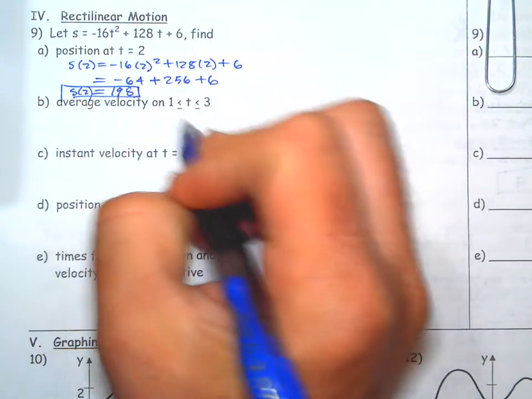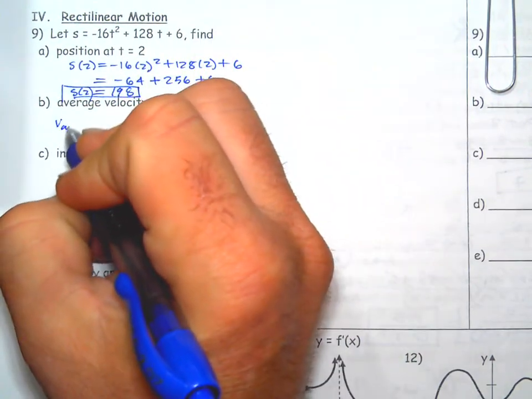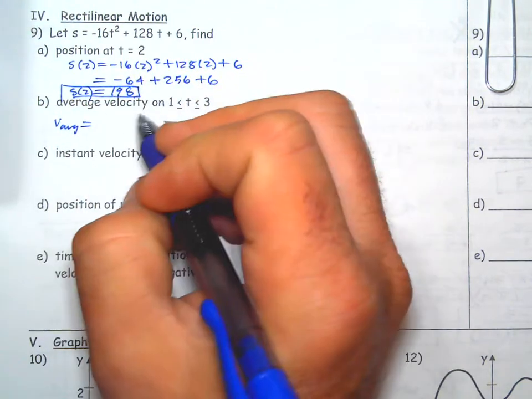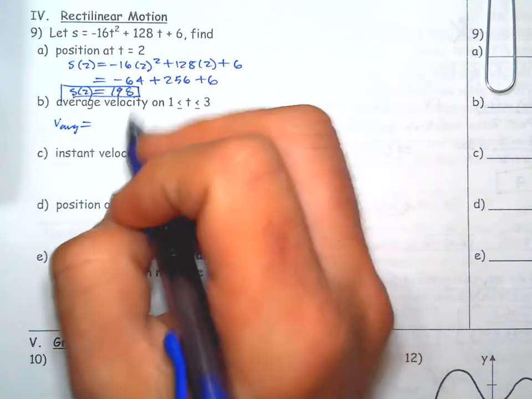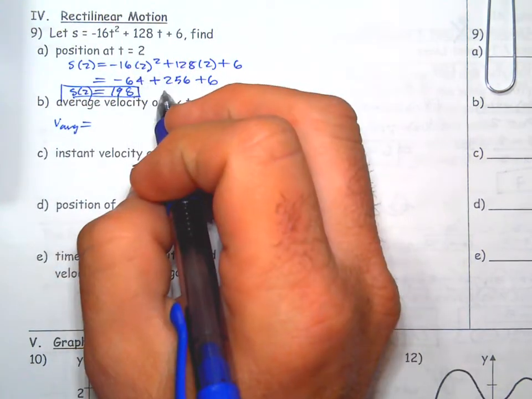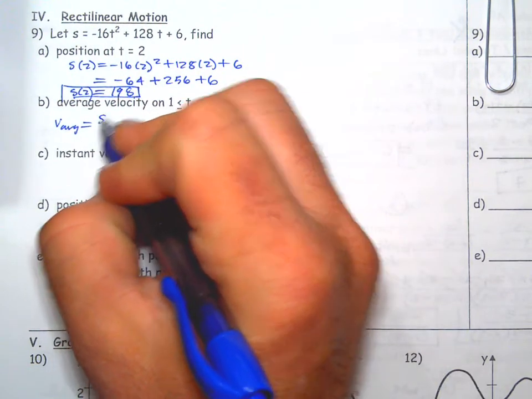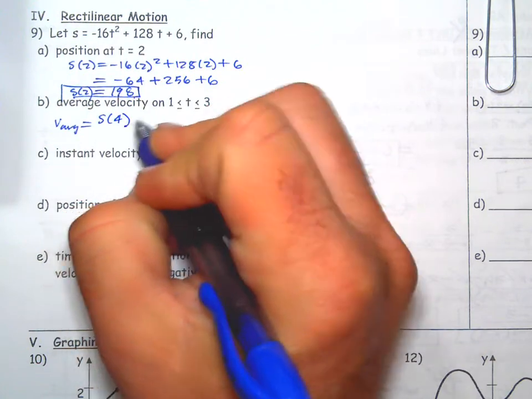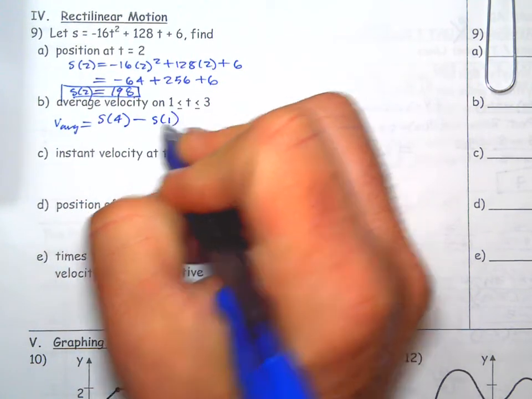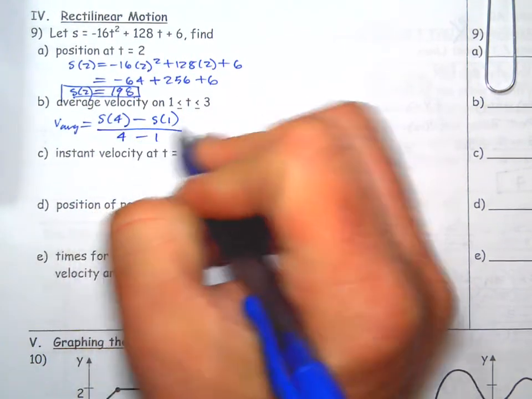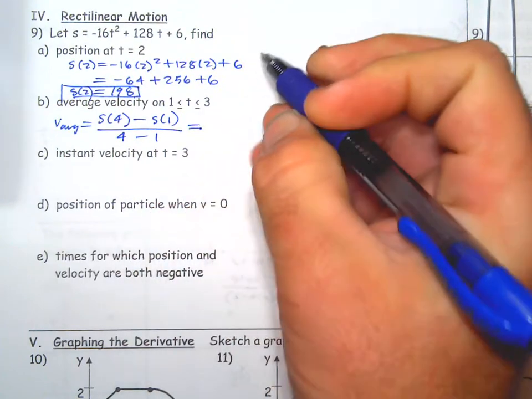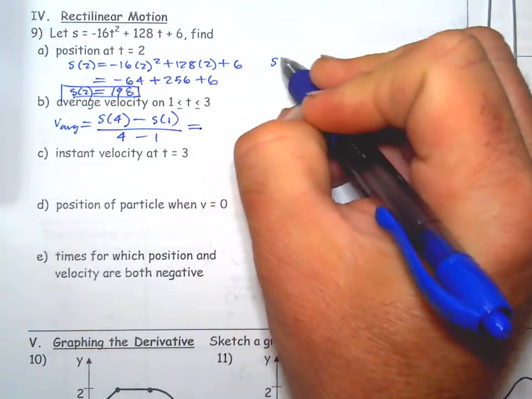Okay, average velocity. So V average is the slope of the secant line on a position graph. Velocity is the slope of position versus time, with the average between 1 and 3. So you can do the slope of the position curve from 1 to 3. And that'll do it. So probably got to figure out what S4 is.